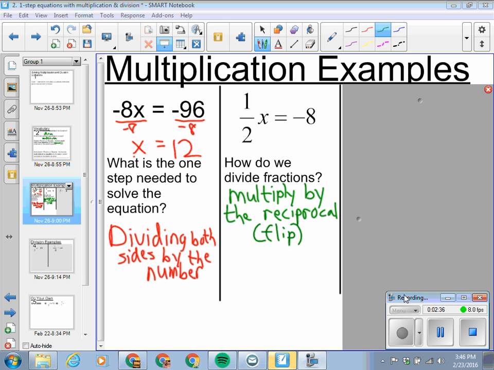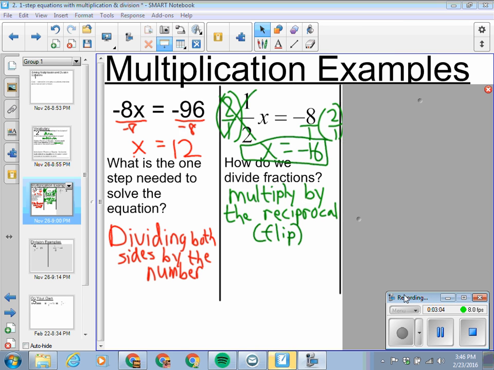So instead of dividing by 1/2, we really multiply by 2/1. If you want, go ahead and put a 1 under here. It doesn't change the value at all. By doing this, we've eliminated the coefficient. Negative 8 times 2 is negative 16.